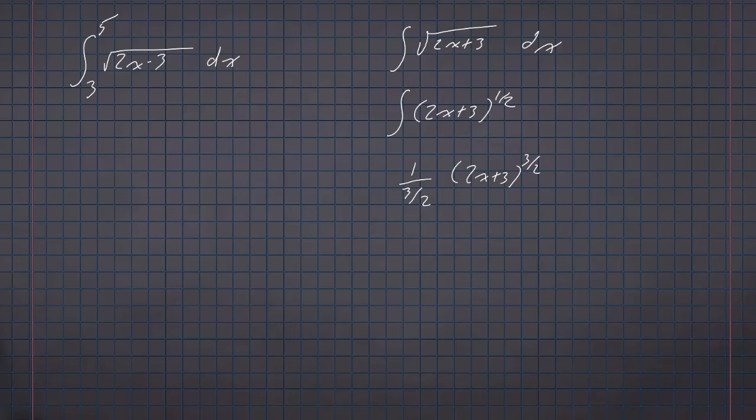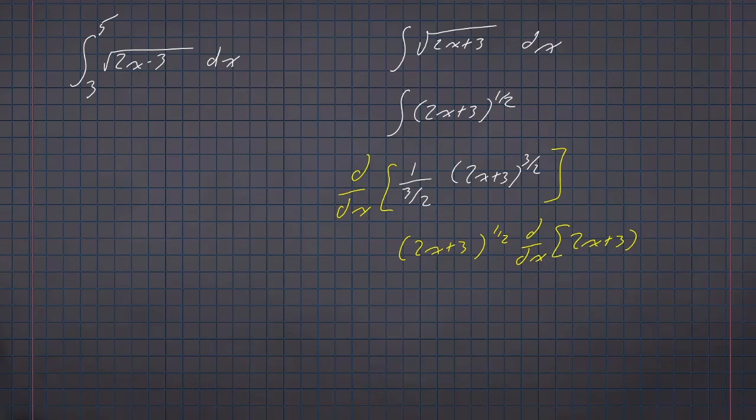But if I check that by taking the derivative, 1 over 3/2 times 3/2 cancel each other out, giving me 2x plus 3 to the 1/2 power, which is what we have. But then you'll also be taking the derivative of that inside, which is 2. Right? So our first guess didn't quite work. We have an extra factor of 2.